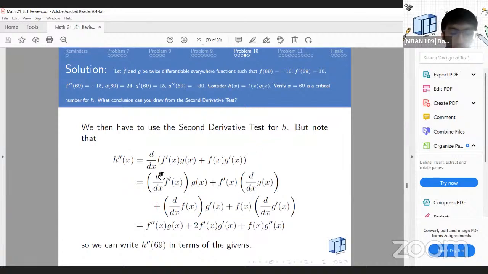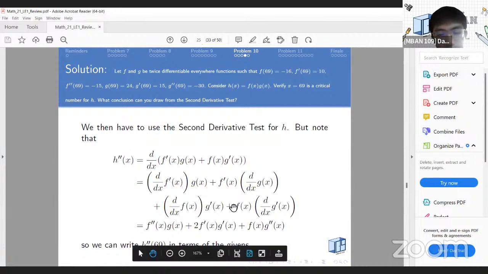So we then now have d over dx f prime of x, then multiplied to g of x plus f prime of x multiplied to d over dx g of x plus d over dx f of x multiplied to g prime of x plus f of x multiplied to d over dx g prime of x.